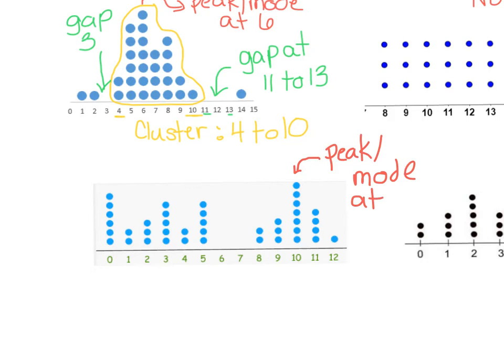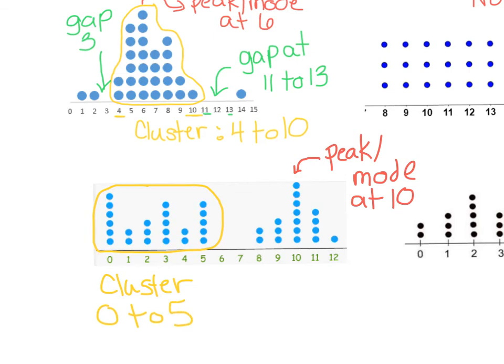So my peak of this graph, or my mode of this graph, would be 10. Now, if I was looking for clusters, I actually have 2 clusters in this case. I see that here's all the friends in the hallway clustering around. Okay, so here's a cluster. We have a cluster from 0 to 5.